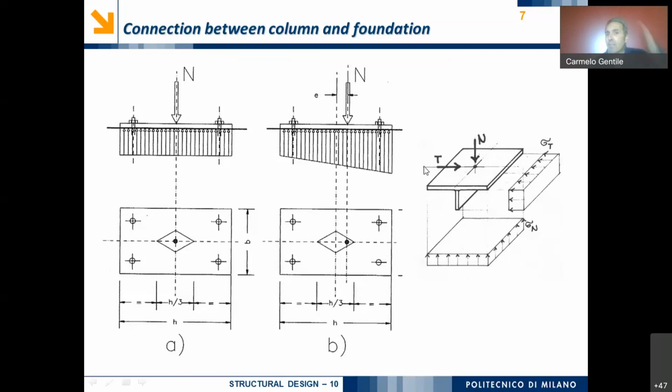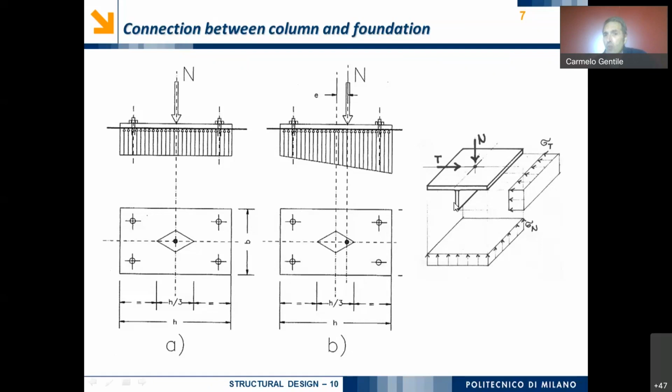So since the upper plate and the vertical plate are a stiff body, the shear force T is pushing this rigid body against the concrete. And if there is this push against concrete, there is also a uniform distribution of horizontal stresses.